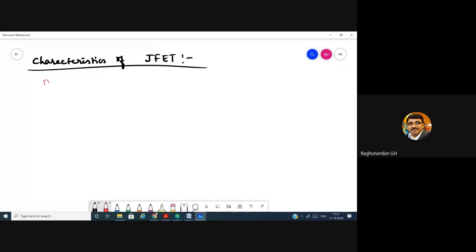One is drain characteristics, and the other one is transfer characteristics. Two things we are going to study. They can ask you to explain the characteristics of N channel JFET as well as P channel JFET.